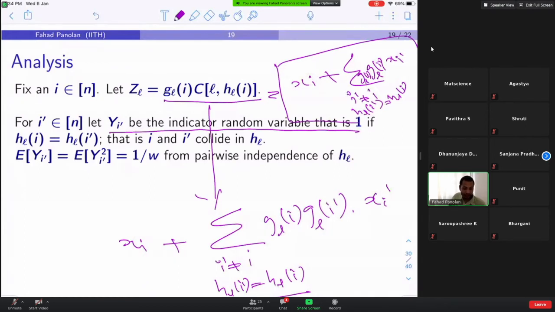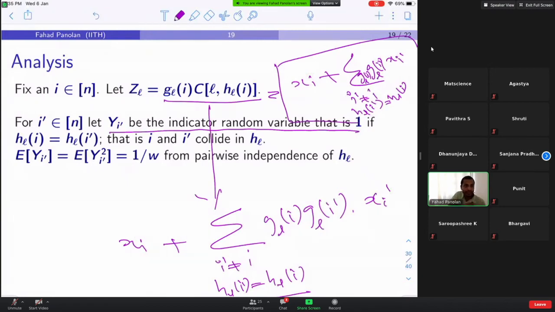Now, what is the expected value of y_i prime? That is the same as the expected value of y_i prime squared, because 1 squared is 1 and 0 squared is 0. So the expected value of y_i prime or of y_i prime squared, they are all the same. And how much is that? It is the probability that i prime goes to the bucket h_l of i, times 1, plus 0 times some other probability.